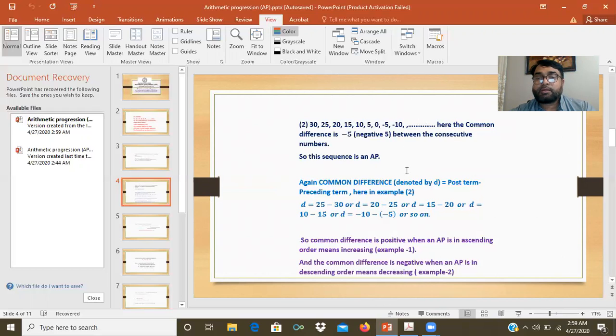That means by using the rule, if you find the common difference here, post term minus the preceding term, d, here 25 minus 30, or 20 minus 25, or 15 minus 20, or 10 minus 15.